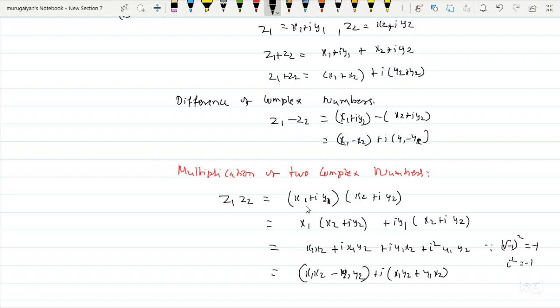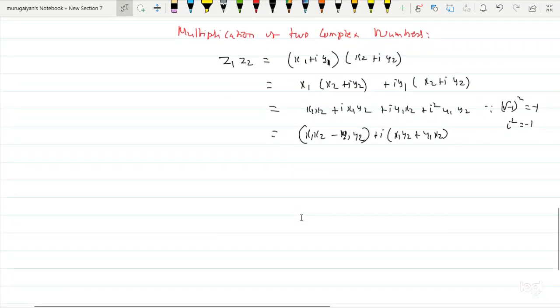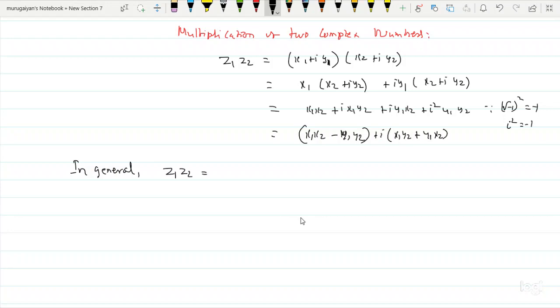So from this, the product of complex numbers can be generalized. How to generalize the product of complex numbers? In general, z1 z2 equals real part of z1 times real part of z2 minus imaginary part of z1 times imaginary part of z2.